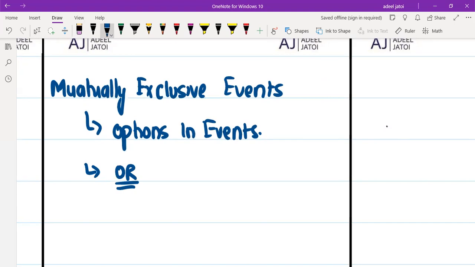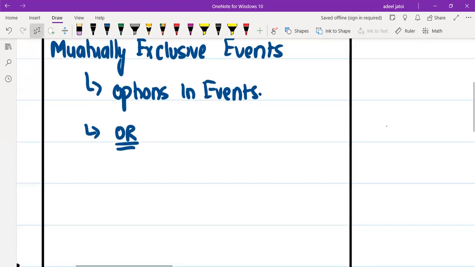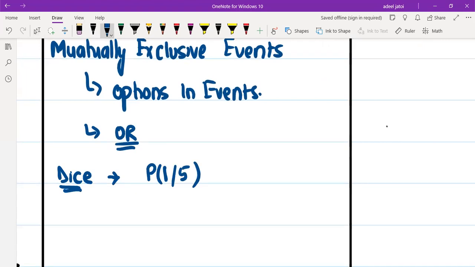There is a choice between two events, an occurrence of two events, and out of those two events, only one can happen. For suppose, a dice was rolled, and what is the probability of getting 1 or 5? That means you can either get 1 or you can get 5.